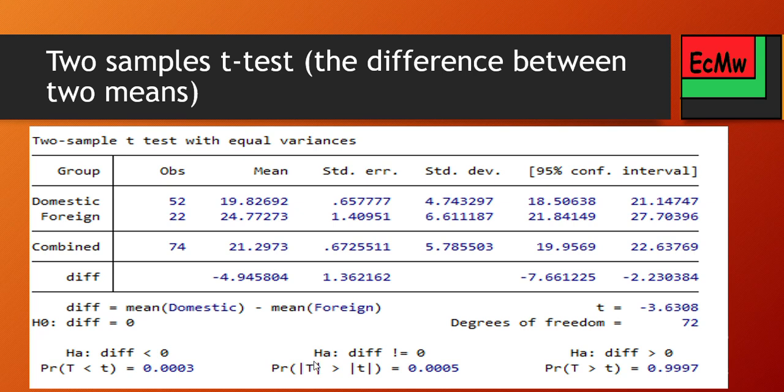And so we decide that we have found enough evidence to reject the null hypothesis by looking at the p-value. So we can say that the mean mileage per gallon fuel consumption for cars in USA is different. You can see this is the difference, and we have found that this difference is significant.